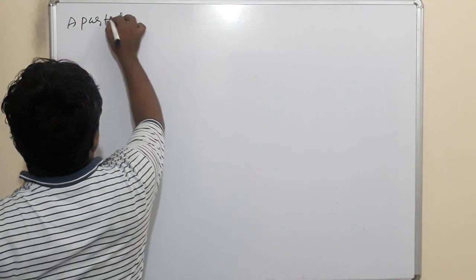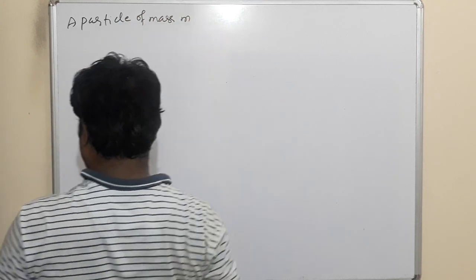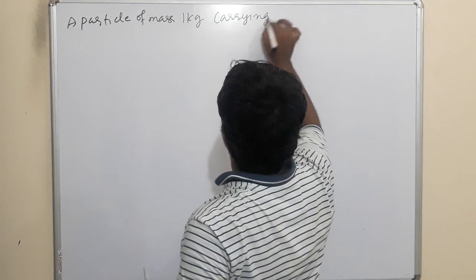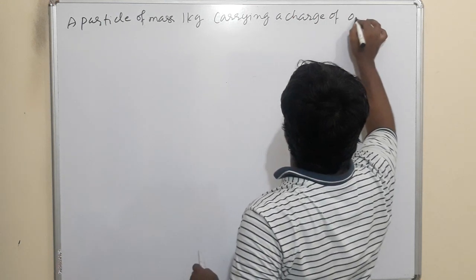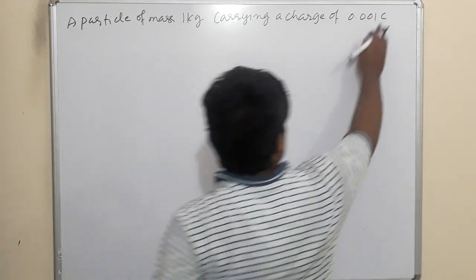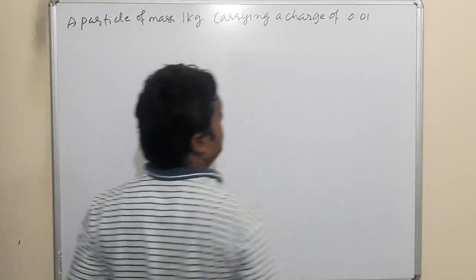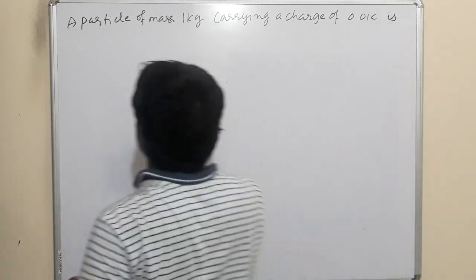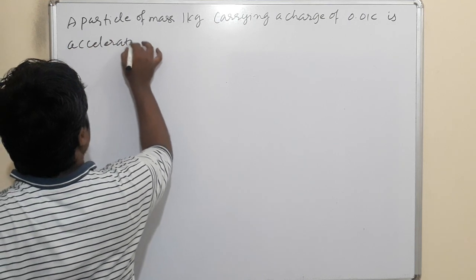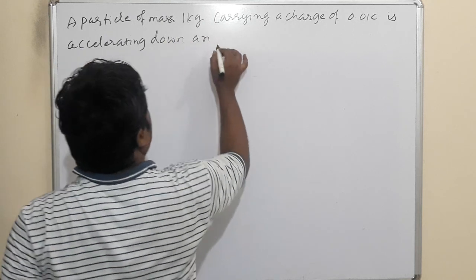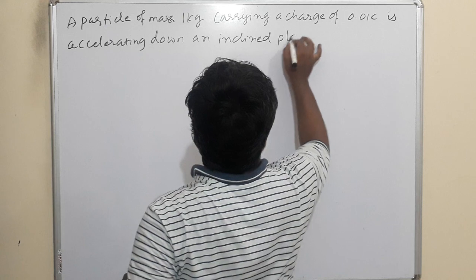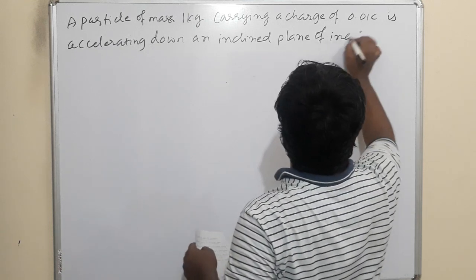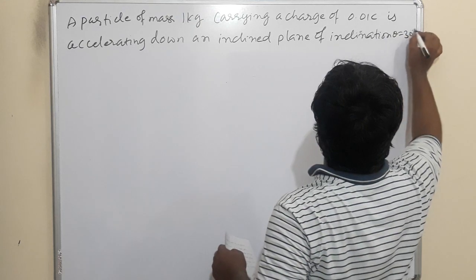A particle of mass 1 kg carrying a charge of 0.01 coulomb, that is 10 raised to minus 2 coulomb, is accelerating down an inclined plane of theta equal to 30 degree inclination.